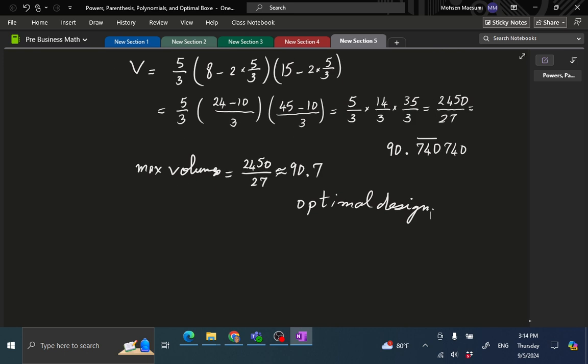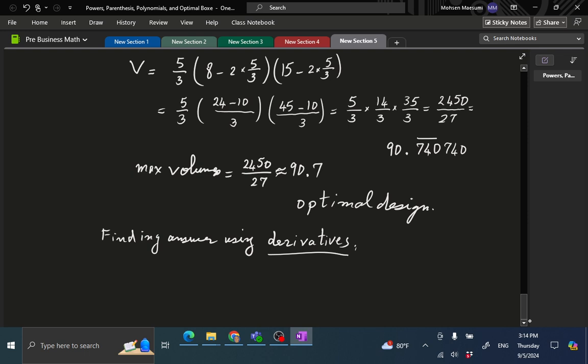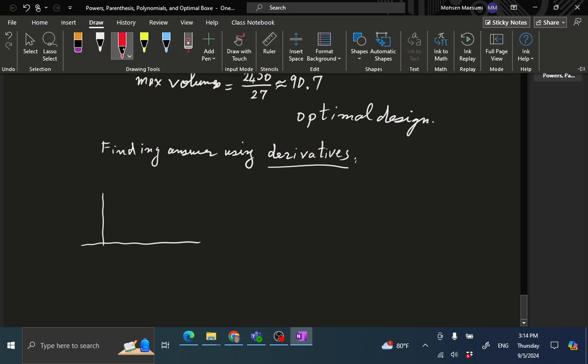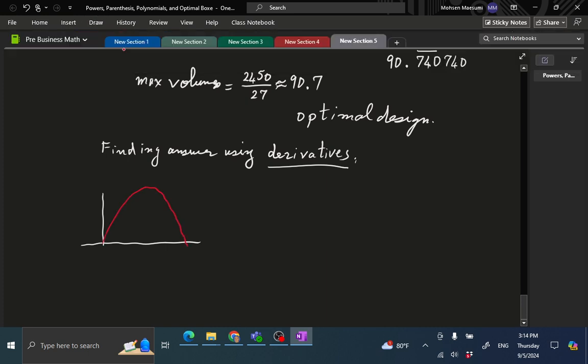Toward the end of the semester, we are going to come back to this, perhaps do a part 4 of this, finding the answer using derivatives. So I just give a quick preview of this thing, and then we are going to come back to it later on. So we have a picture there, some kind of a function that perhaps looks like this.